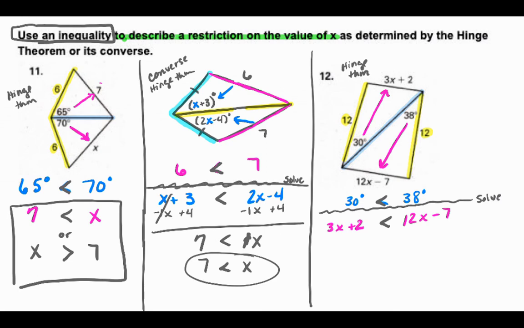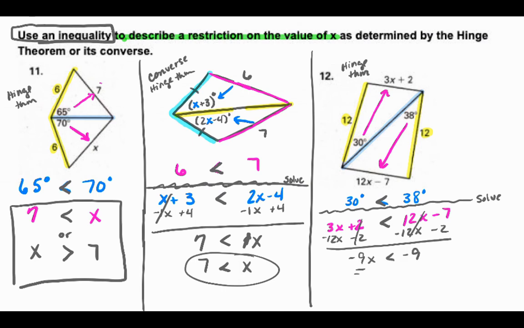Okay, now for those of you who like to have your variable on the left-hand side of the problem, just be careful. If you want your variable to go to the left-hand side of the problem and your constants to be on the right-hand side, this is going to give us a 9x less than -9.